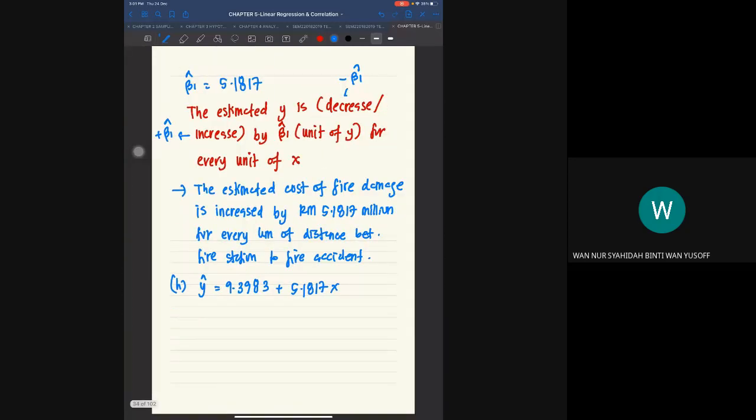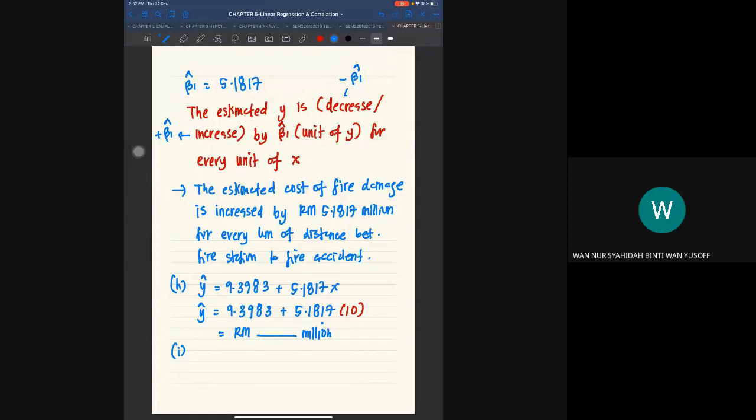Okay, so we need to predict the cost, then we substitute x with 10. Then you will get the answer; don't forget the unit of y. And the next question is to predict the x, when the cost is 10 million.